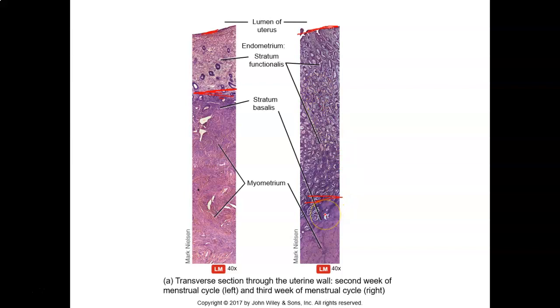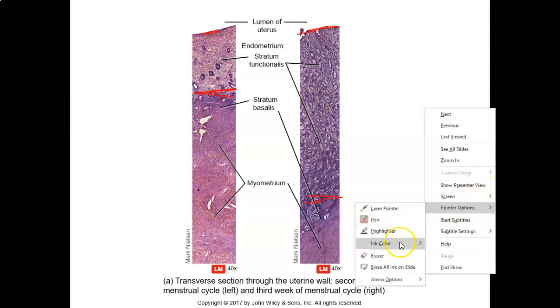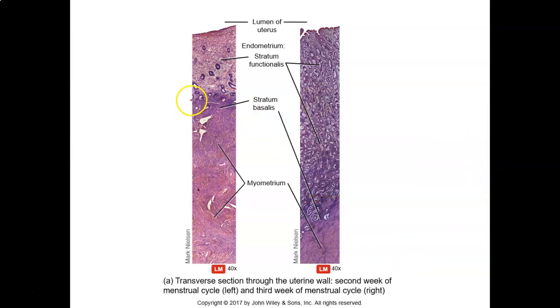The stratum basalis, let me read these lines here. The stratum basalis is the layer which divides. So let's just draw some cells here. As this layer divides, it gives rise to another layer.